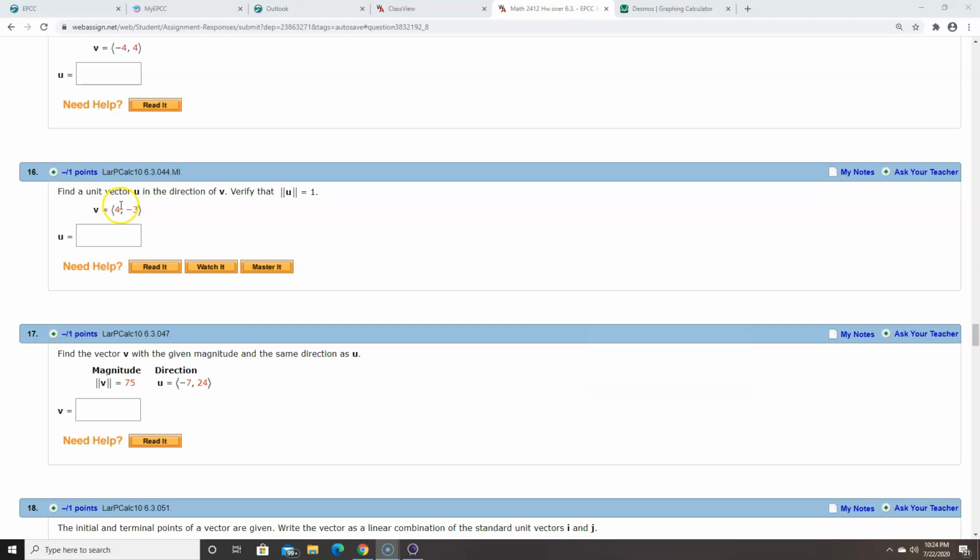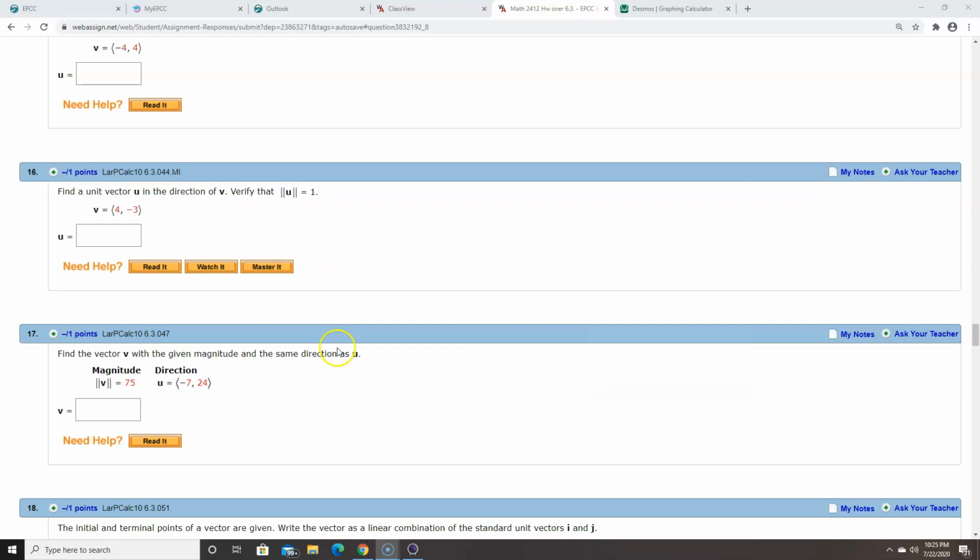And then we move: the horizontal component is 4 units to the right. The vertical component is -3, that's 3 units down. And that'll be the terminal point, and the origin is the initial point. Now connect the initial point at the origin to the terminal point, and there's your vector v.